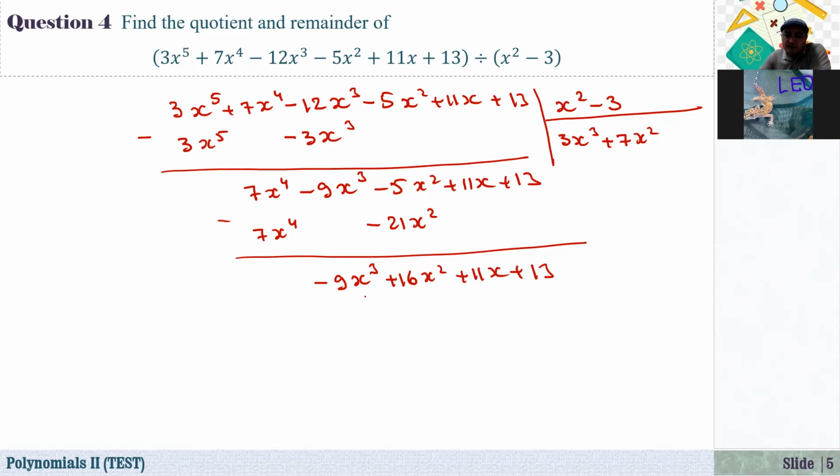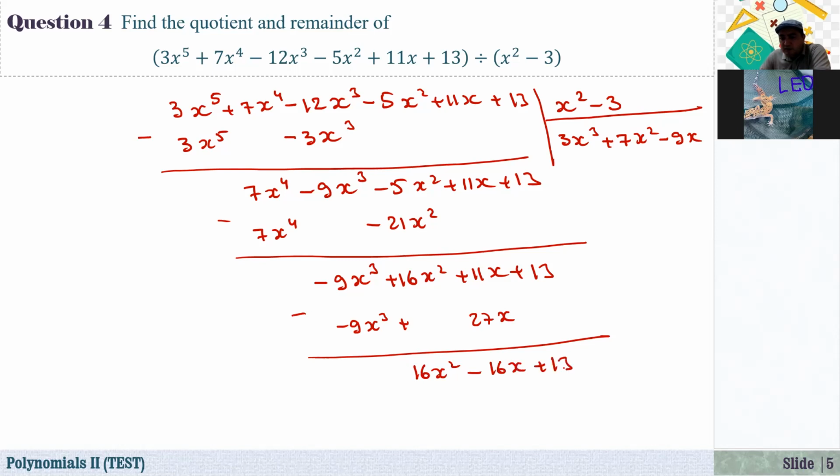So minus 9x cubed is divided by x squared, that is minus 9x. Minus 9x times x squared, minus 9x cubed, and the plus, again, let me just write here 27x. So if you subtract, that's 0. Here we have 16x squared and minus 16x plus 30.